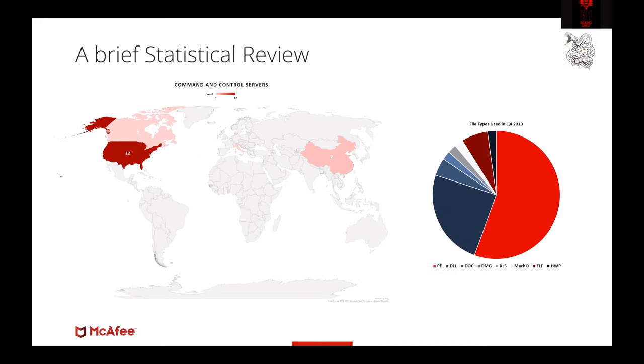We see that there's PE files, DLLs, documents, ELF files, Linux ELF, including Mach-O, which is Macintosh binaries, as well as on the left-hand side is a mapping of command and control servers as they geolocate throughout the different parts of the world.